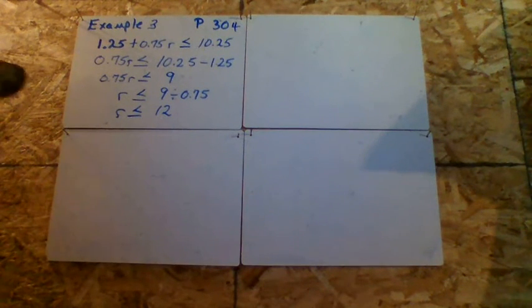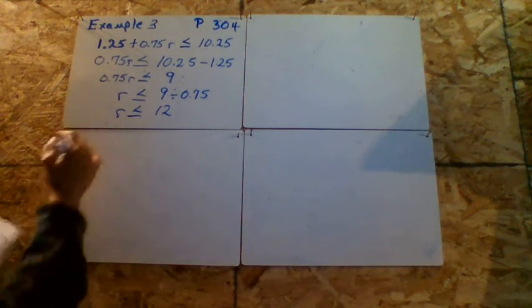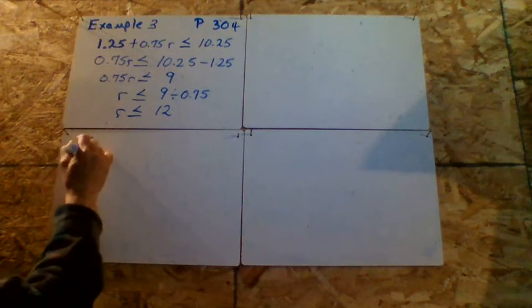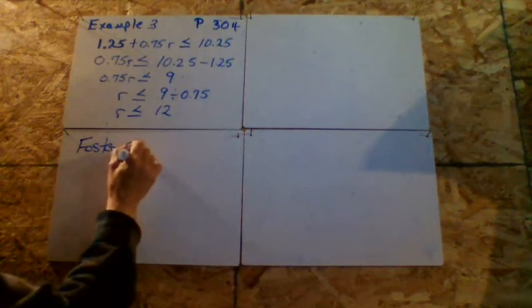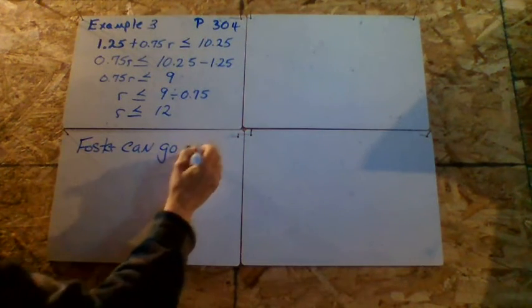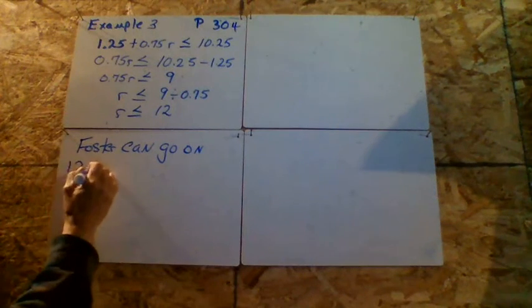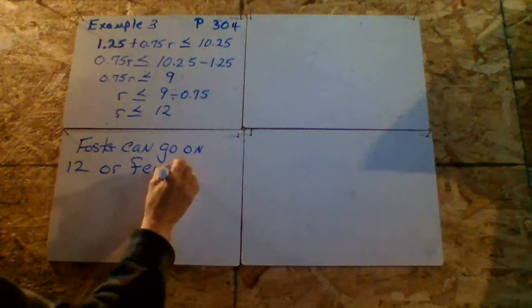So r is less than or equal to 12. Again, it was a written question, so I have to answer it. Foster can go on 12 or fewer rides.